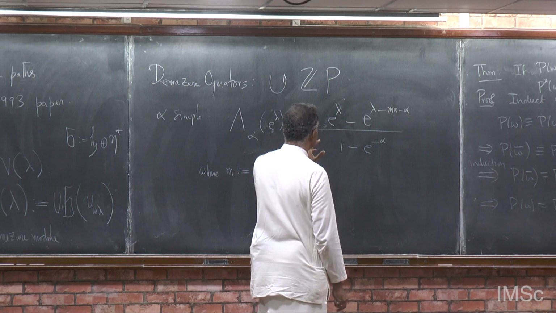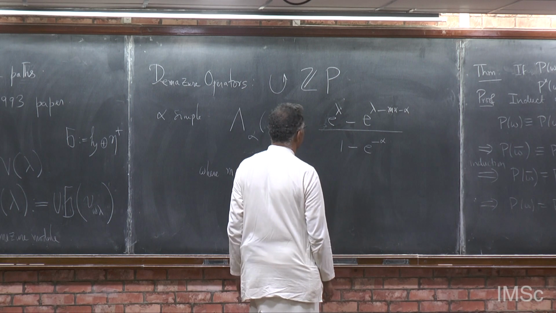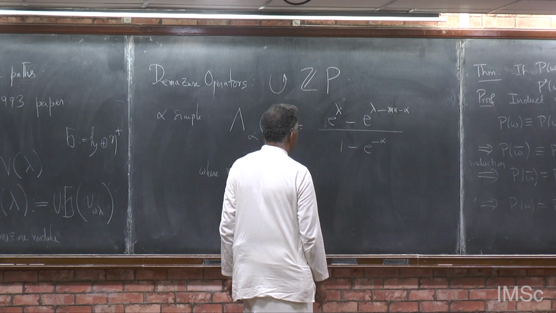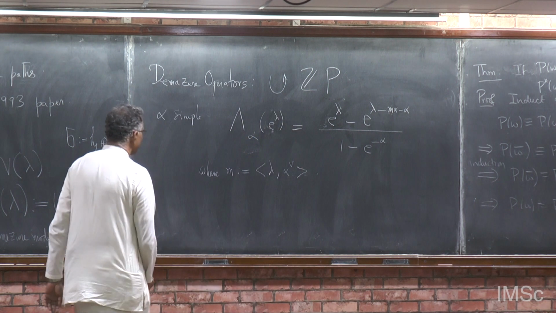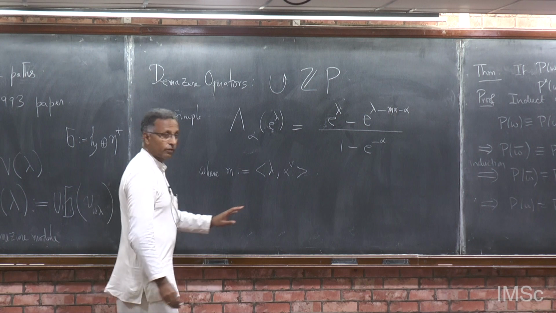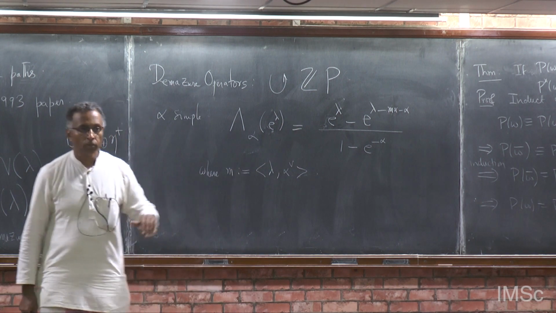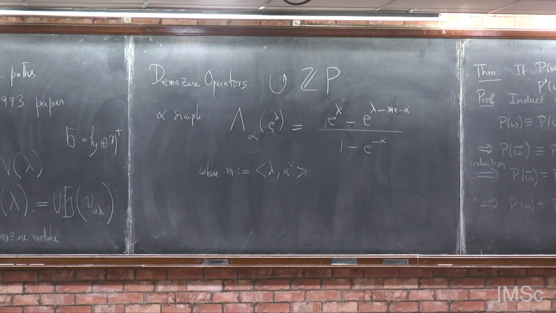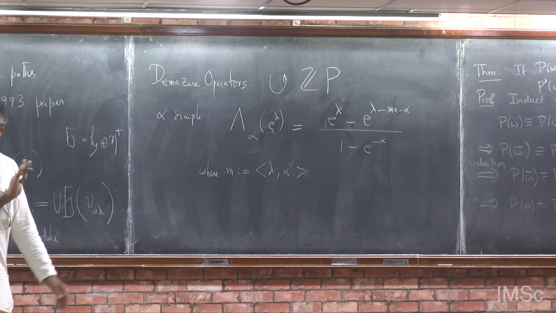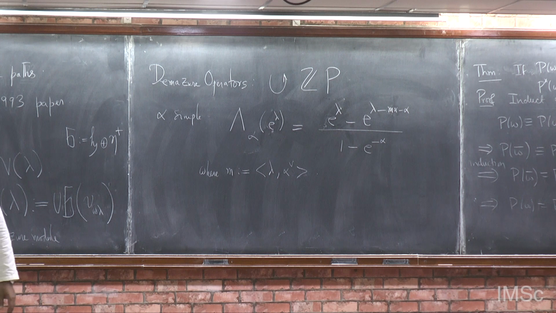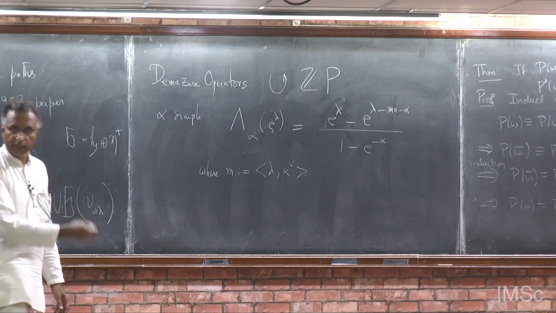So, let us rewrite it in a few ways. Notice that given this, first let us try to understand this operator and various ways of rewriting it, what it actually is doing. It's a very important operator. It has some very beautiful properties, some of which we will actually need, we will state and use.